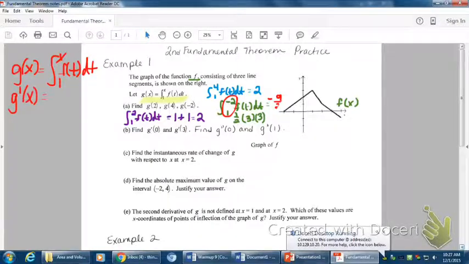If I want to find the derivative, we're going to do what we did on yesterday's video with the second fundamental theorem. I'm finding the derivative of the integral. I'm just plugging the x in, so I get f of x. That means that the derivative of g is f of x. And then if I want to find g double prime, well, that would be the derivative of f, so that would be f prime.